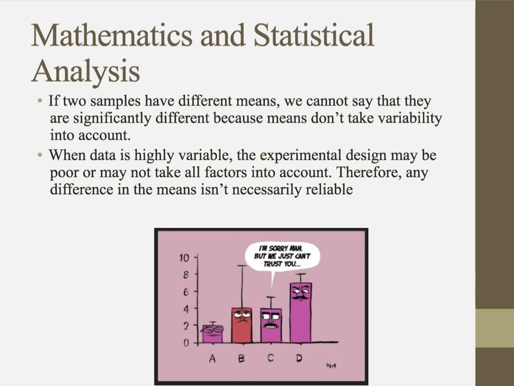If I have a lot of variability in my data, maybe my experimental design isn't very good, maybe it's not taking all the factors into account. Maybe I have a small sample size and my 10th graders were all sick that day. I don't know.